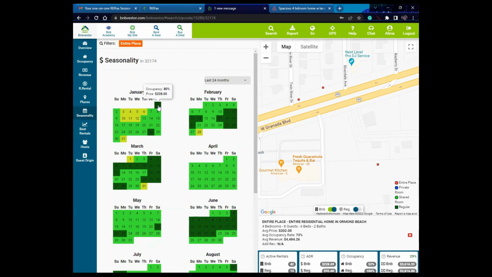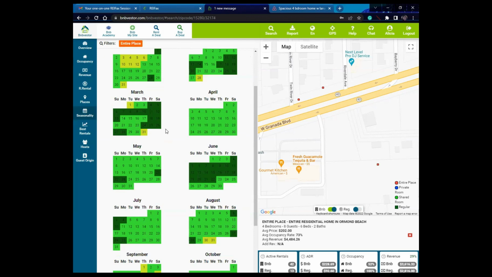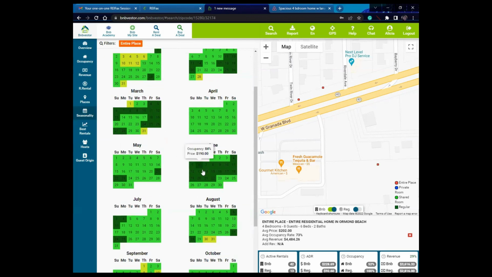And these days are dark green. As you see, 85%, 81, 80. Again, if we come down June, July, the light green would be 71%. The apple green is 44%.